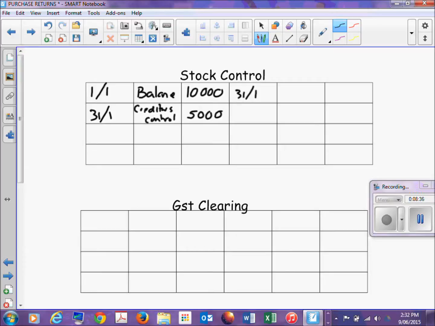Doesn't matter if the cross-reference is the same. So say we sold $3,000 worth of stock. In our GST clearing account, what side normally will the opening balance be on? Generally on the credit side.